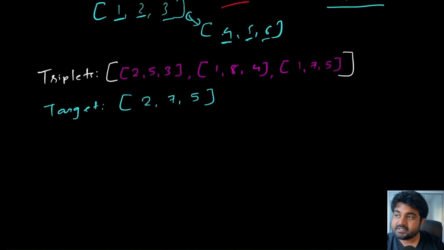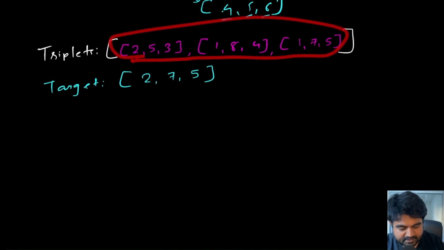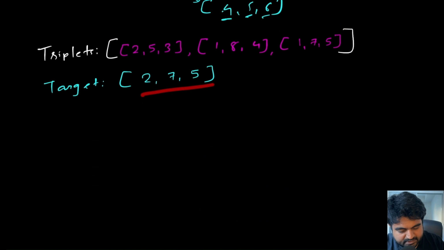So let's see one example, and we'll figure out other cases from it. Say we are given these three triplets, and we need to form 2, 7, 5. We have the option to do the operation between any two triplets.